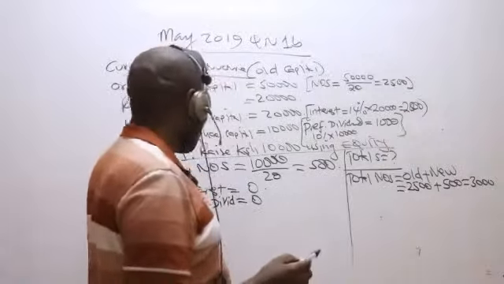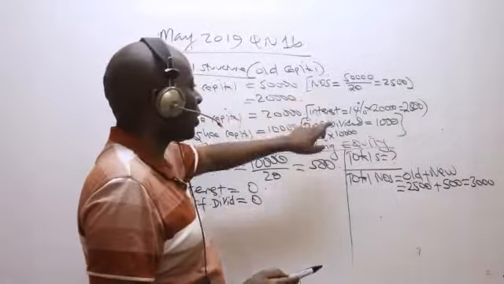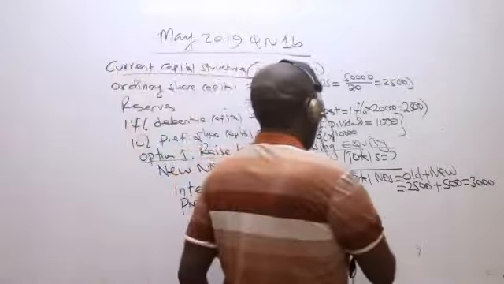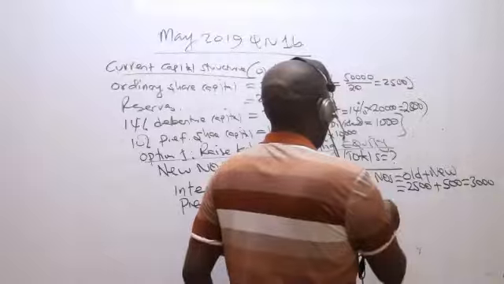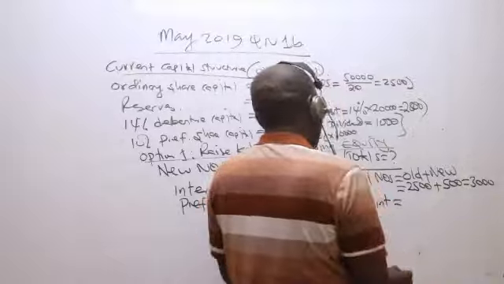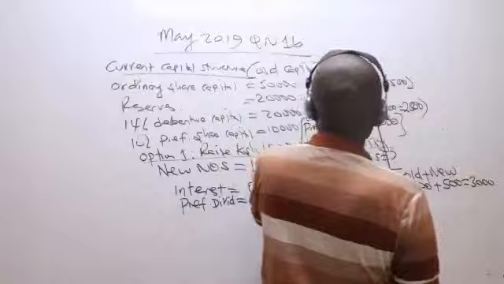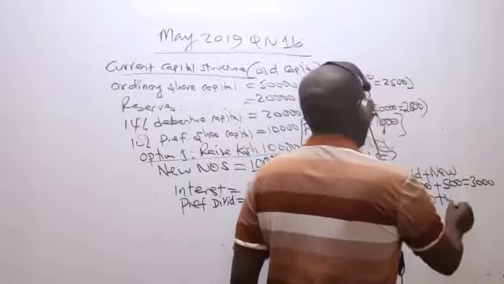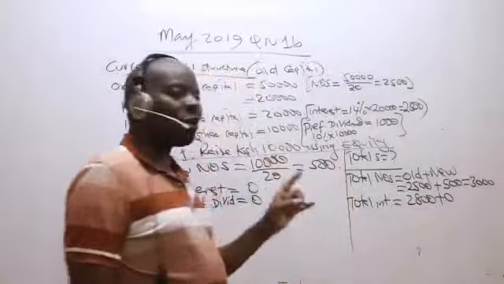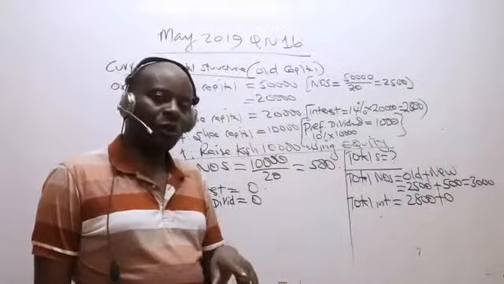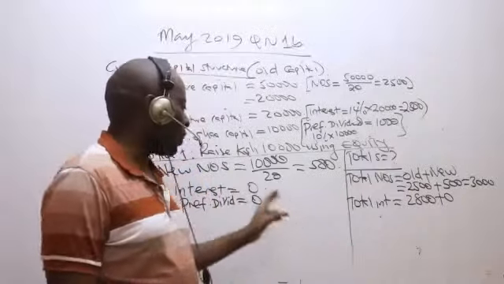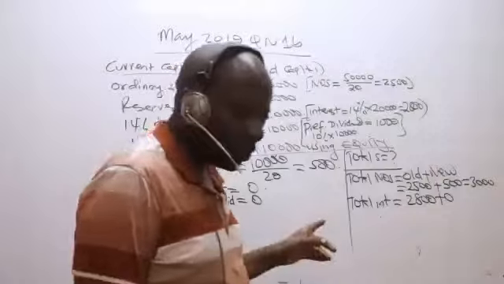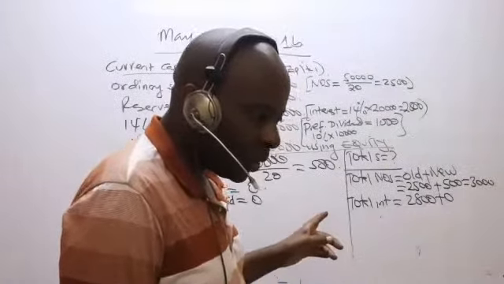At the same time, these three aspects are very important: number of ordinary shares, interest, preference dividends. Come and give me total interest. We are taking the old plus the new. So old interest here was 2,800. The new, if you are going to use option number 1 to raise capital, interest will be 0.